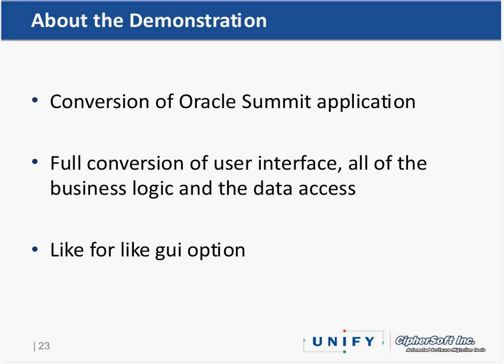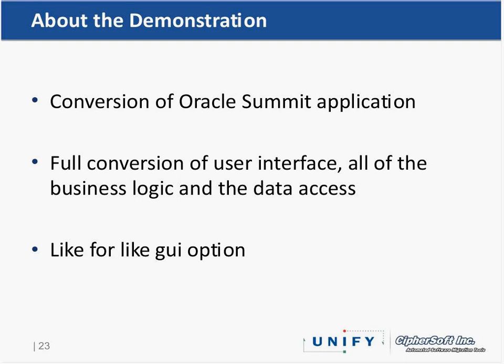But because of the nature of their application, they believe that client-server is still the best structure for it, especially things that are very heavily data input-oriented, and they're concerned about performance over the web. And we do offer a Java client desktop as an option as well. So that's why I mentioned that. But just so you see it, for those of you that may not want a like-for-like GUI option, there are some other options that we offer, but we're going to show the like-for-like.